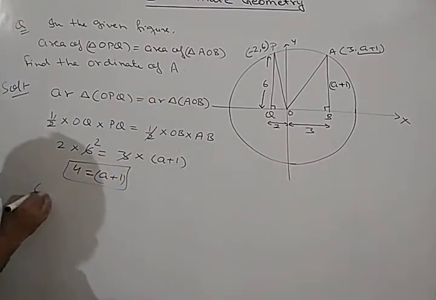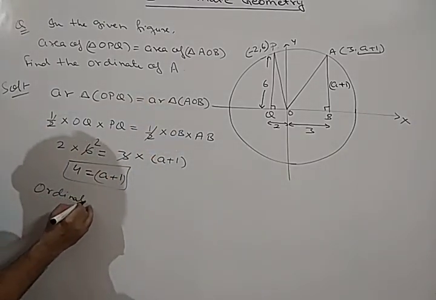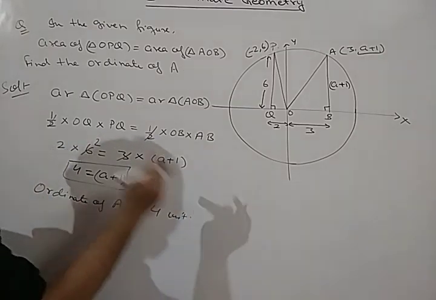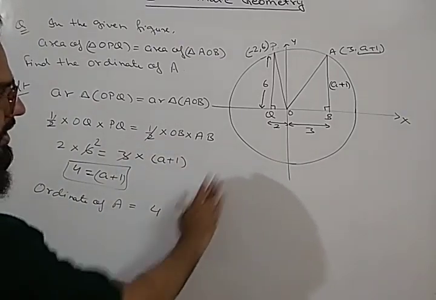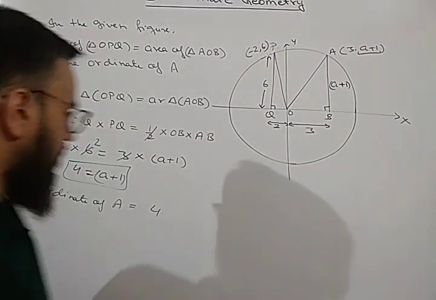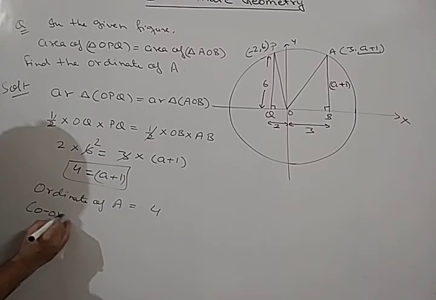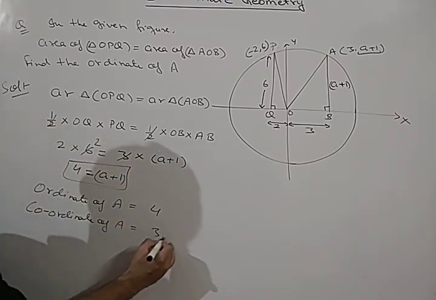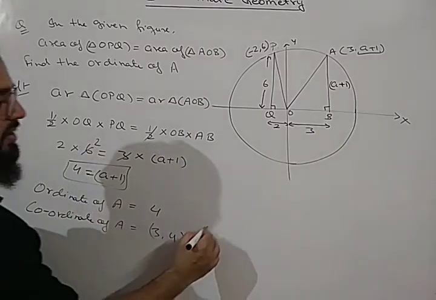So we get the ordinate. Ordinate of A will be equal to 4 unit, or simply 4. Or if we write the coordinate, then coordinate of A will be equal to (3, 4). This will be our answer.